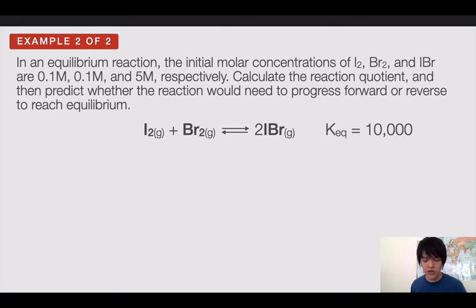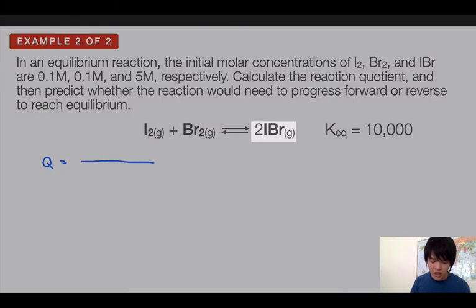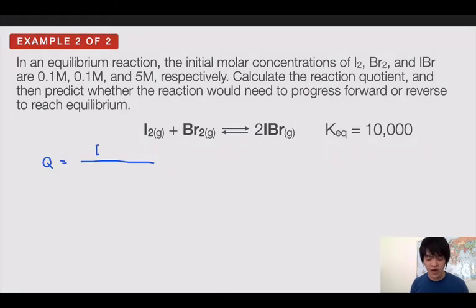So what we're going to do here is the first problem in the question. We're going to calculate Q, and the reaction quotient is calculated by doing products over reactants. So products on top, our product is IBr.